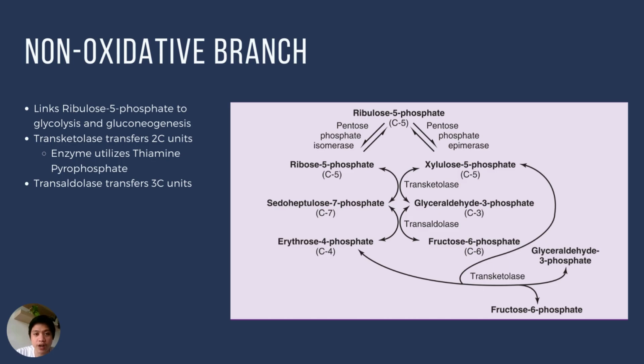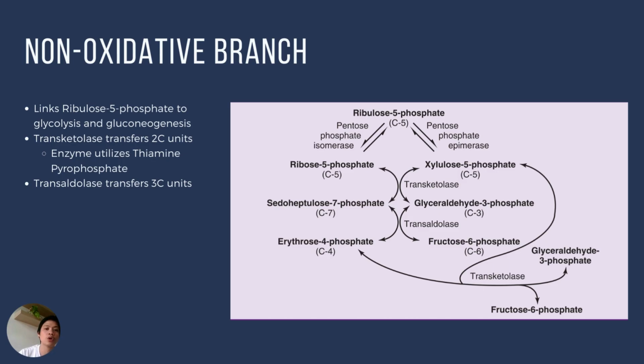The two products of isomerase and epimerase, that is, ribose 5-phosphate and xylulose 5-phosphate, then undergo reaction with transketolase. Okay, remember that the action of transketolase is to transfer 2 carbon units. The source of the carbon will be xylulose, and the recipient of the 2 carbons here will be ribose.